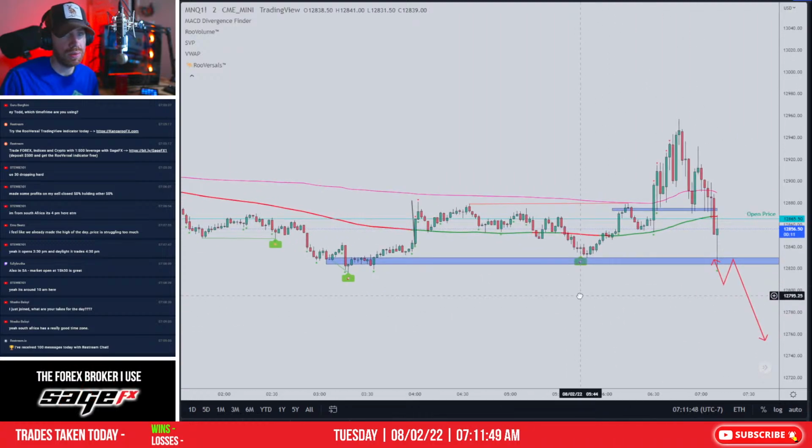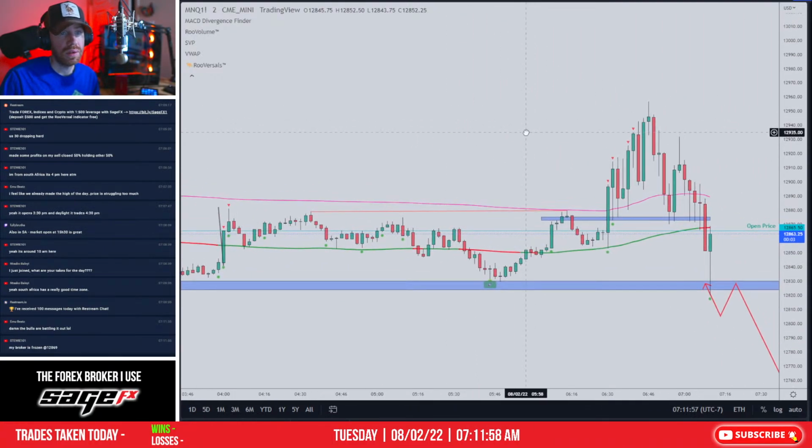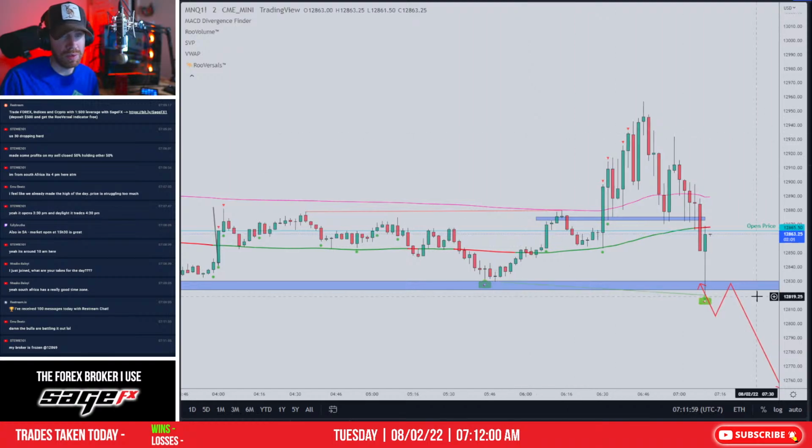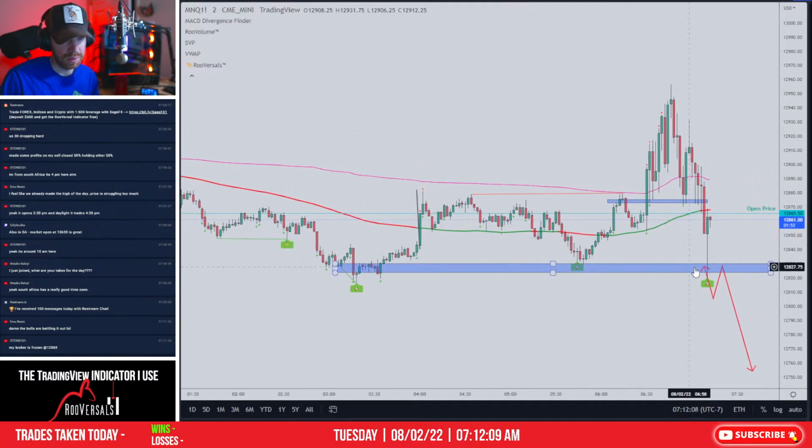High volume candle. This is going to be a kangaroo tail, a bullish kangaroo tail. Be careful if you're in sells. You have a bullish kangaroo tail with bullish divergence with a volume spike. On support, but it's not below support.